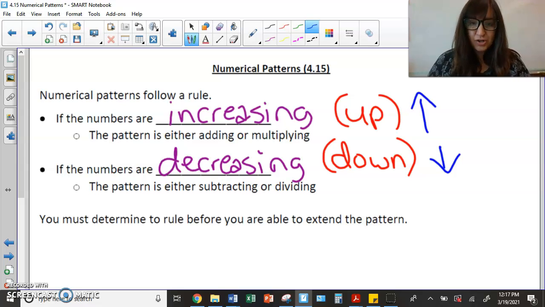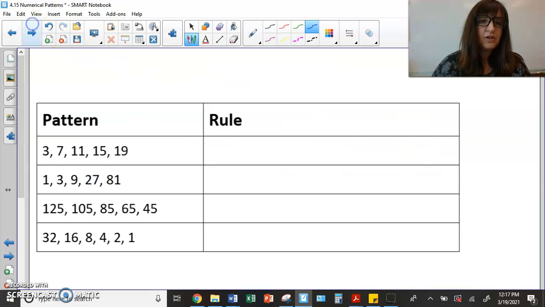You will need to determine the rule before you are able to extend the pattern. So let's practice that. So let's look at these patterns right here. This first pattern, I noticed that the numbers go from 3 to 7 to 11 to 15 to 19. So these numbers are going up. These numbers start at 1, then go to 3, then 9, then 27, then 81.